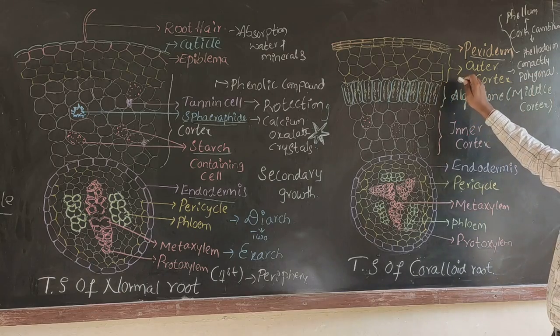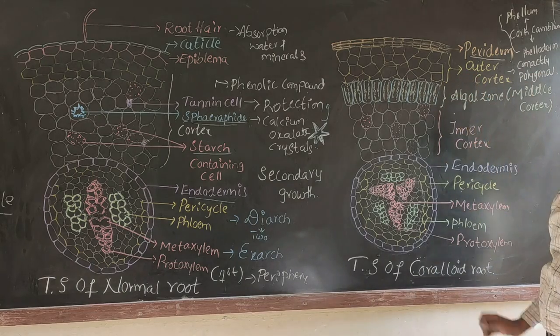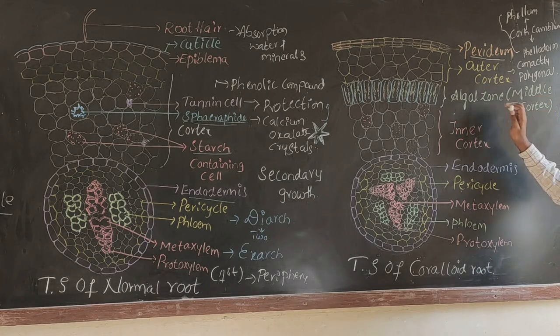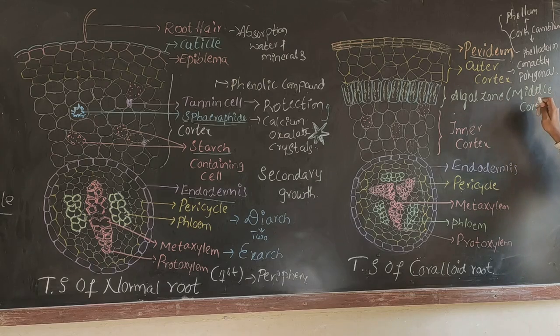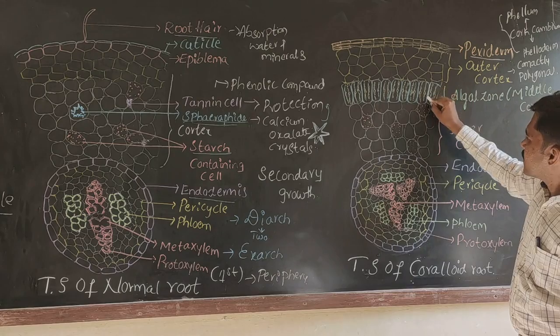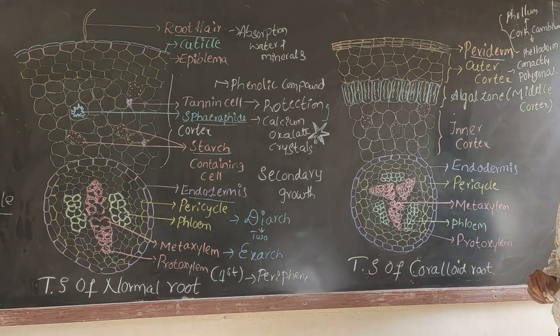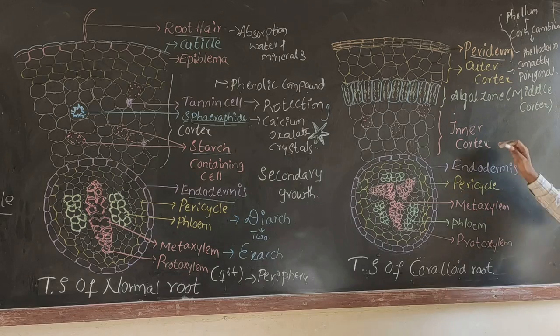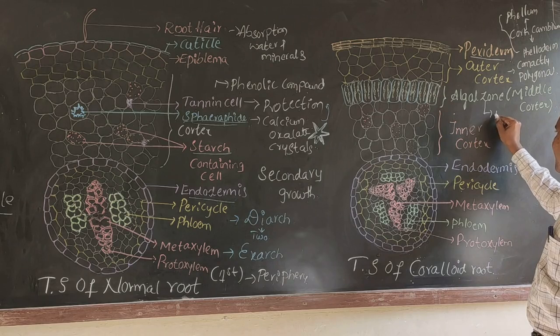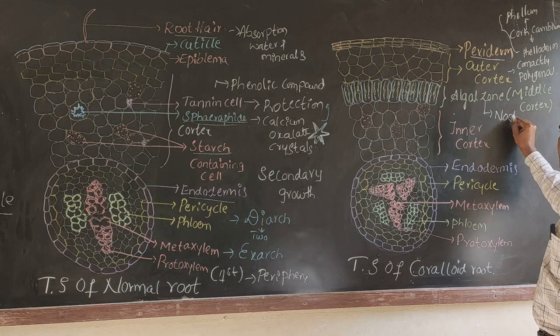After the outer cortex, you will find the middle cortex. This middle cortex is also known as the algal zone. It is mainly made up of single layered elongated cells, and inside these cells you will find algae like Nostoc and Anabaena.